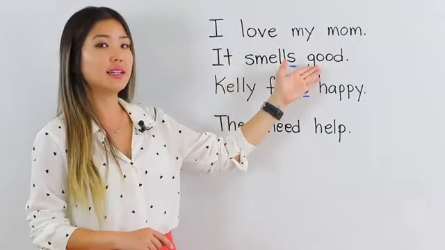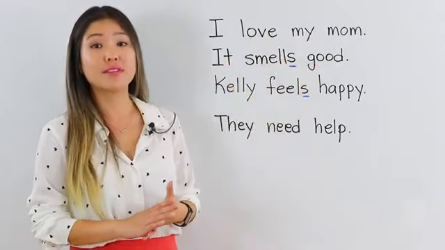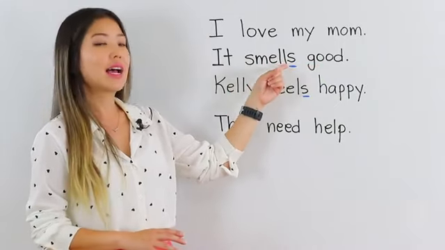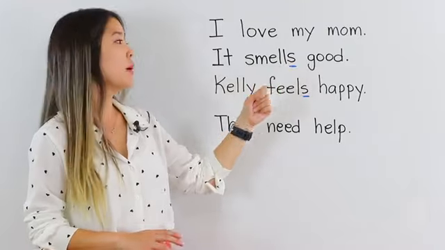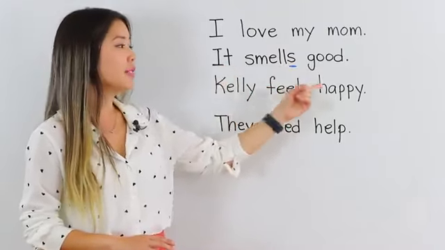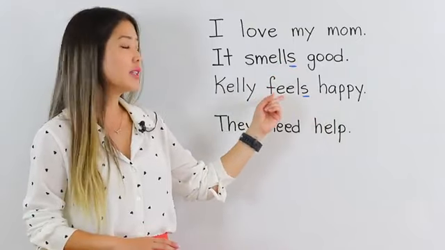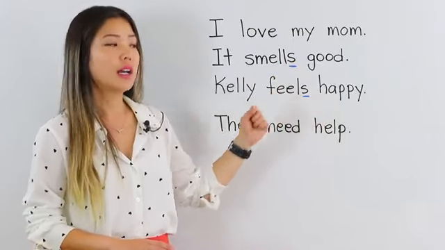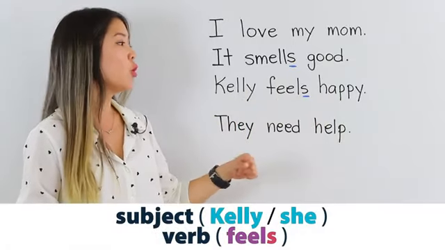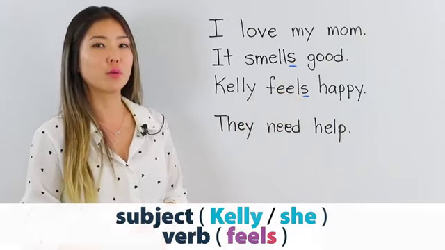It smells good. Smell is one of the five senses. So I use the present simple tense. You'll notice I underlined the S because remember, the subject is it. Kelly feels happy. This is talking about a feeling. Again, the subject here is Kelly, which is a she. So I added an S to the verb.